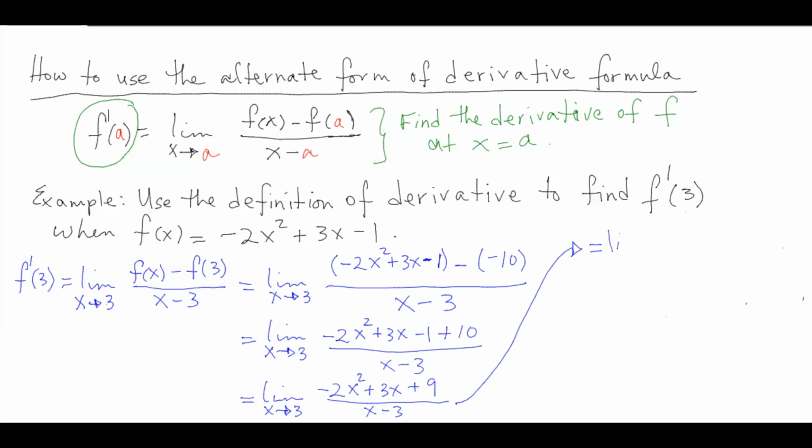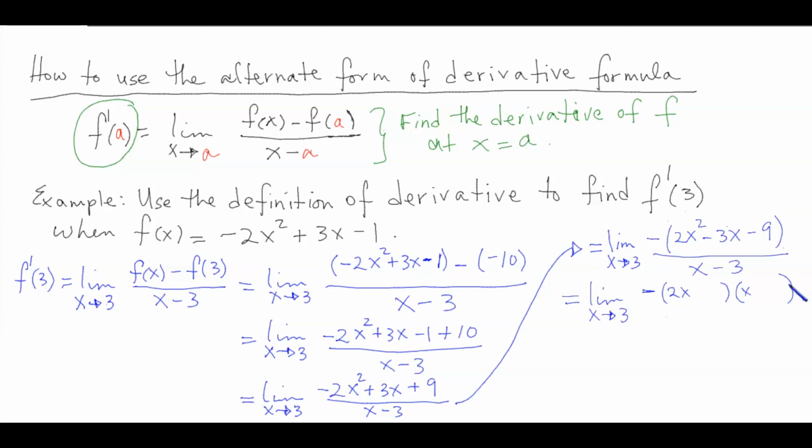So this gives us the limit as x approaches 3. The first thing I'm going to do is factor out a negative 1, and then I'm left with 2x squared minus 3x minus 9 all over x minus 3. And then I have the negative 1 on the outside. I can go on and factor the inside, which is going to give me a 2x here and an x there.